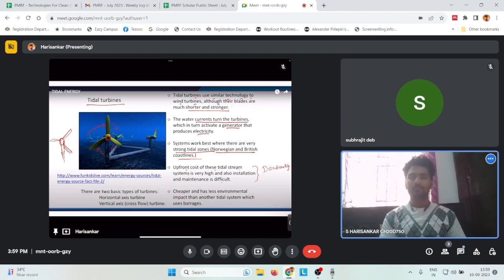But they are cheaper and have less environmental impact than another tidal system which uses barrages. That is the advantage of using turbines over other systems like a water barrage.